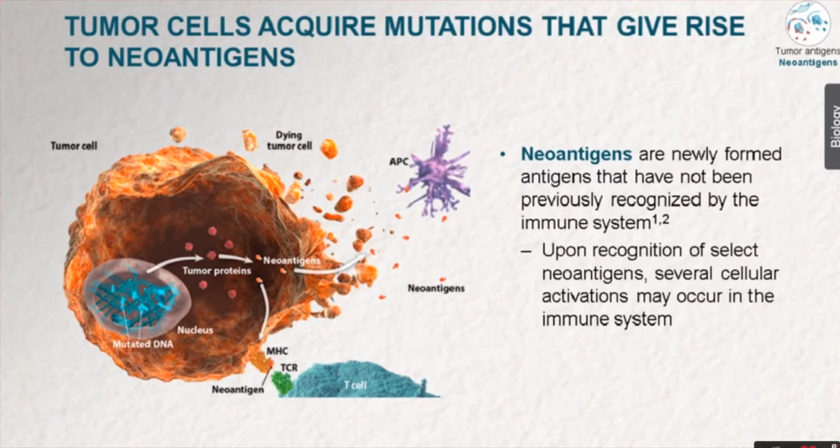When these neoantigens encounter the host immune system, they may encounter, at the top right, antigen-presenting cells, which may process them and make them available to T cells, or they may actually be presented to T cells by the tumor itself through major histocompatibility complexes on the surface of tumor cells. You can see this at the bottom of this particular diagram, where a major histocompatibility complex is interacting with the T cell.